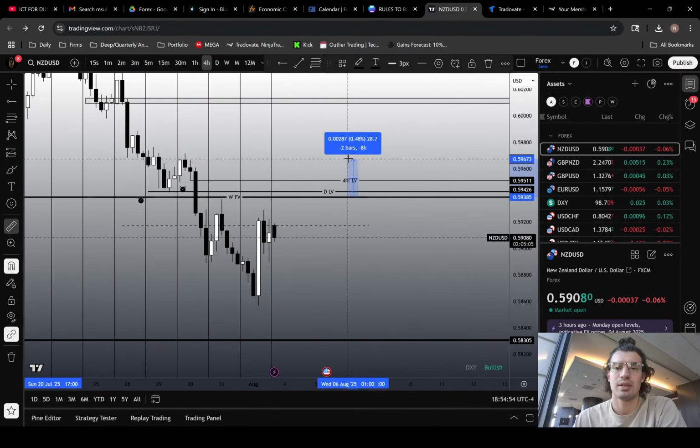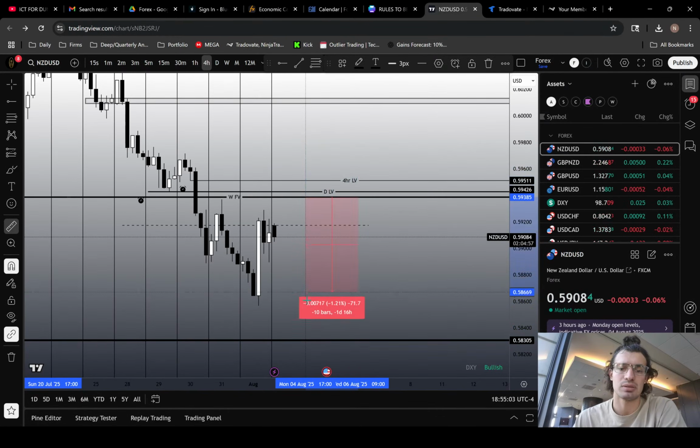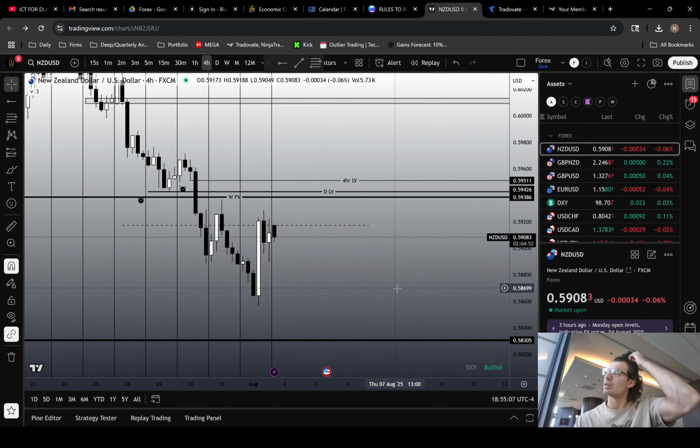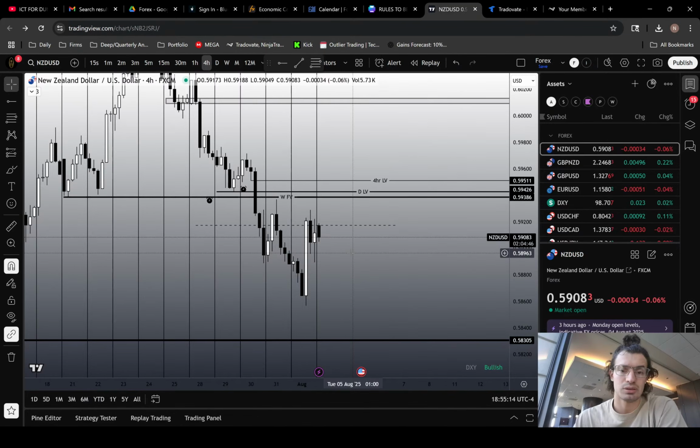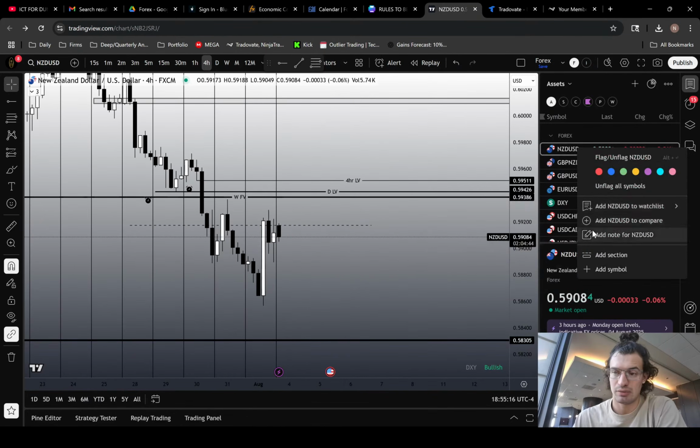Dude, a 30 pip stop loss would cover that move. Even if it does just bounce around here, a 30 pip stop loss would cover it for potential huge gain. So that's a great, great move. I love that.